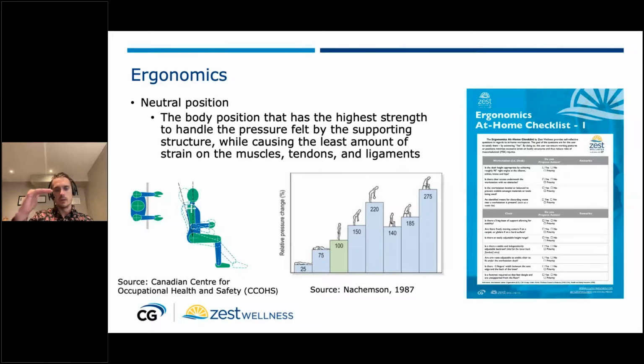But then that goes up when you tilt forward, when you're holding something, and even when you're sitting and your posture is not at the neutral position, you can see I was putting additional strain on your lower back, thus leading to musculoskeletal disorders like lower back pain. And so that's why ergonomics is important.